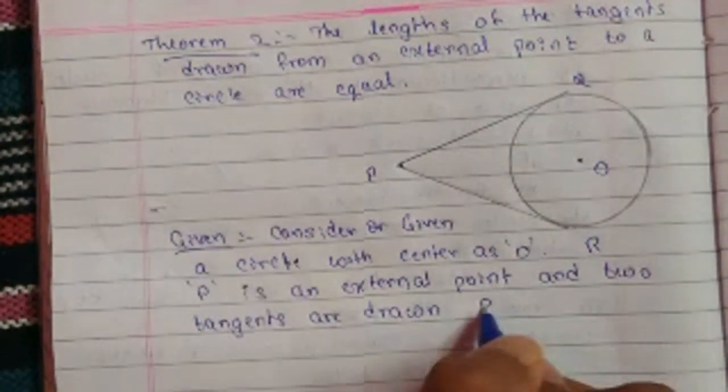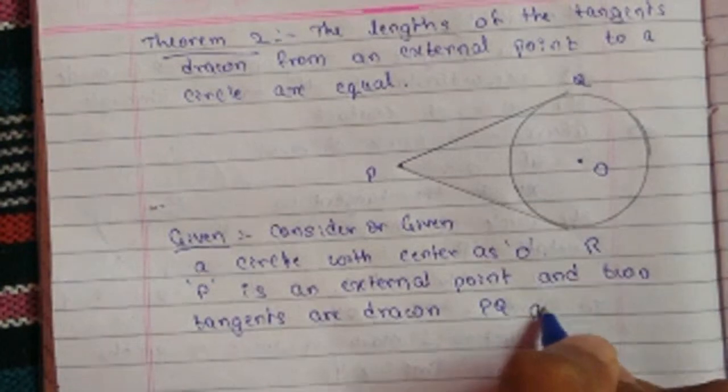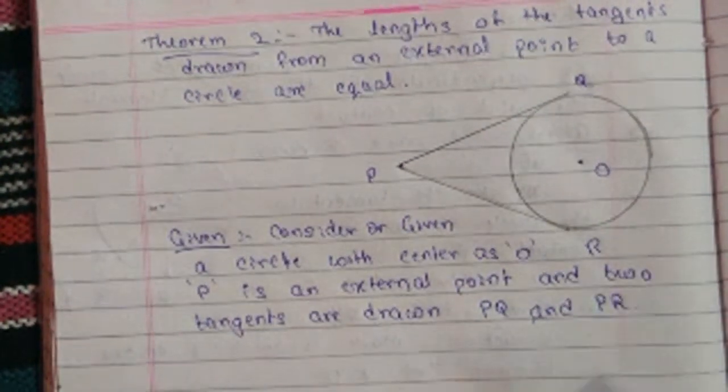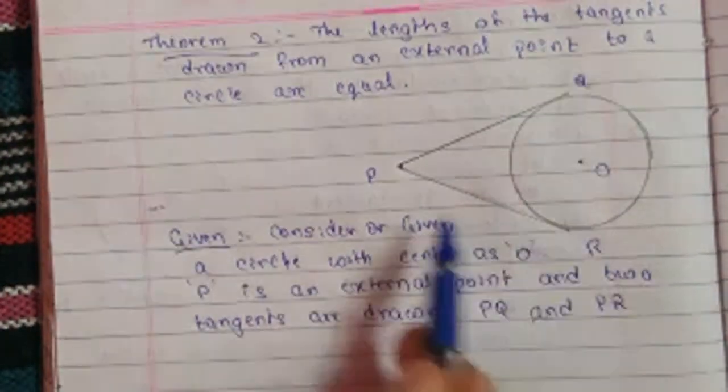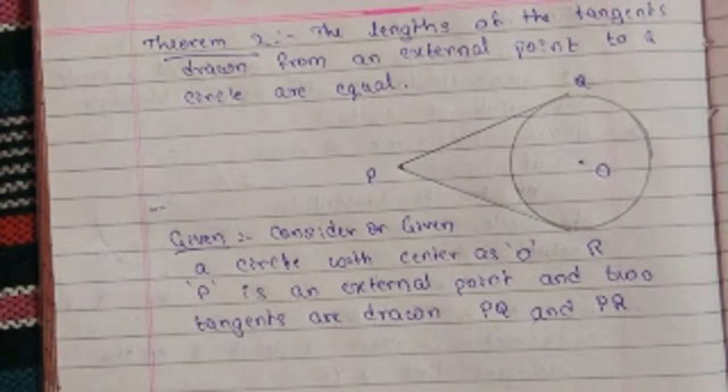One is PQ and another one is PR. One tangent is PQ, and another tangent is PR.